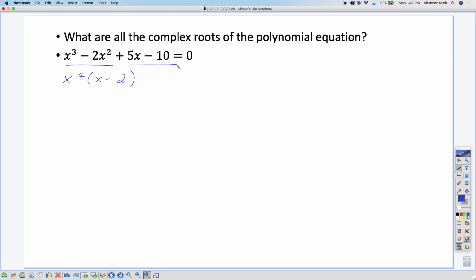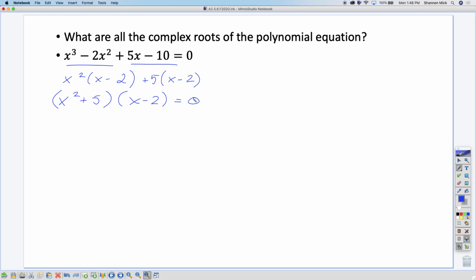And plus 5, parentheses x minus 2. So x squared plus 5, and then x minus 2.